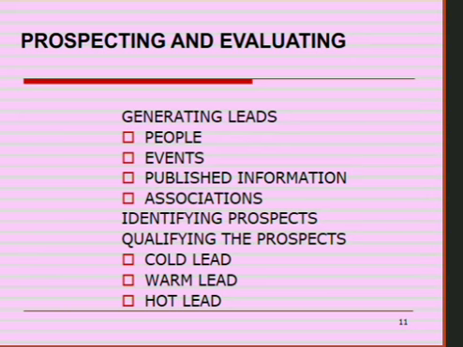A warm lead refers to a prospect who has a latent need to buy the product. The third is hot lead. A hot lead refers to a prospect who is willing to make the purchase now, or we can say a hot lead is a ready customer. Like this, the salesman needs to understand this and, based on it, prioritize customer visits.